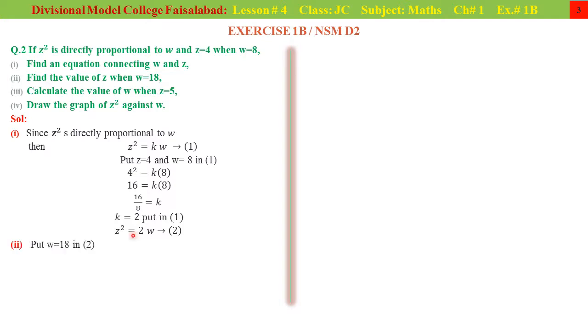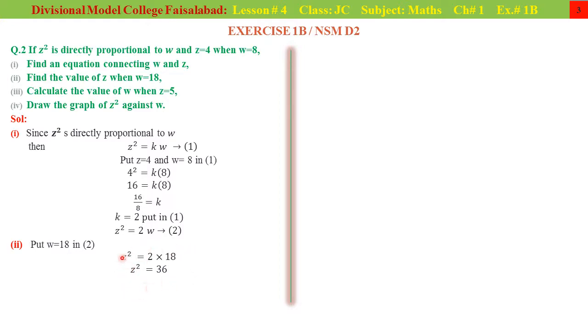Part 2 is the same, as we are given the value of w which is 18 and we are asked to find the value of z. So we will put this value of w in this equation to get the value of z. So z square is equal to 2 times 18. Z square is equal to 36 because we need to find the value of z and there is z square, so we will take square root on both the sides.